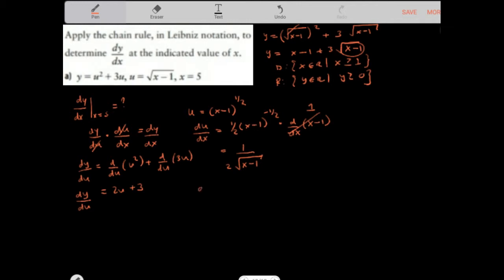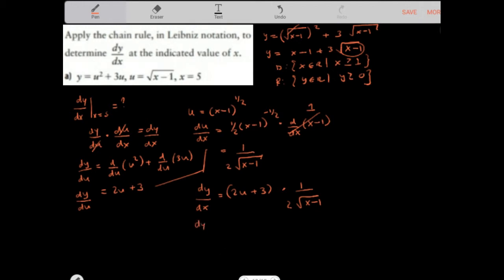If I combine these two together, dy over dx is dy over du times du over dx. So you get dy over du, 2u plus 3, times 1 over 2 square root of x minus 1. In this case, you want to substitute u with the square root of x minus 1.